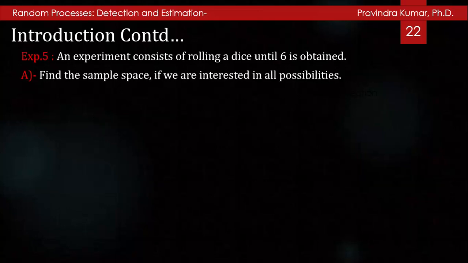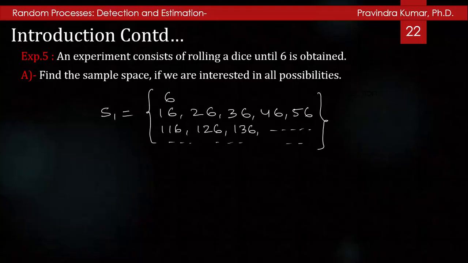Let us take another example. An experiment of rolling a dice until 6 is obtained. Find the sample space if we are interested in all possibilities. So I am rolling a dice until 6 appears. So the sample space will be 6, or 1 6, 2 6, 3 6, 4 6, 5 6, or 1 1 6, 1 2 6, 1 3 6, and so on.